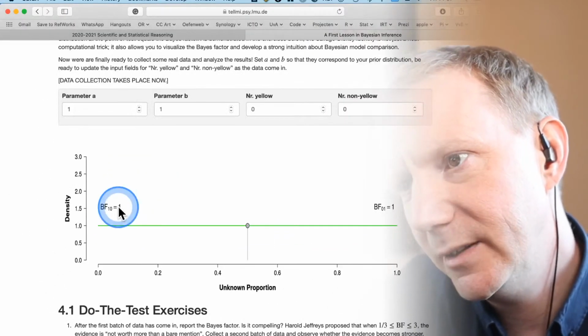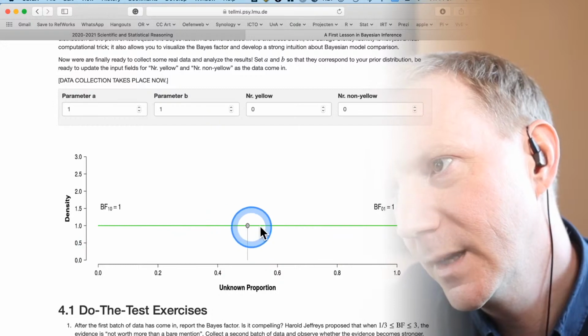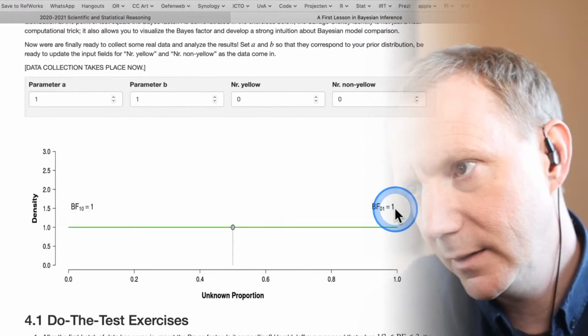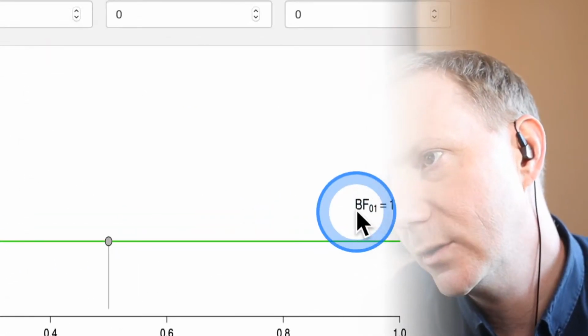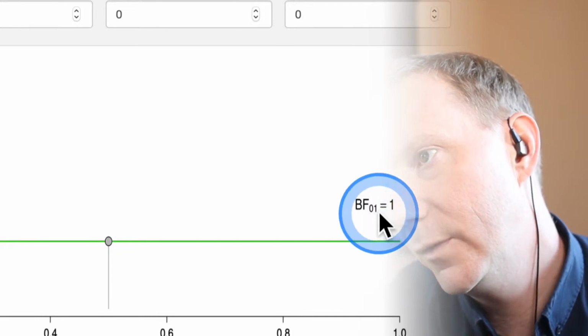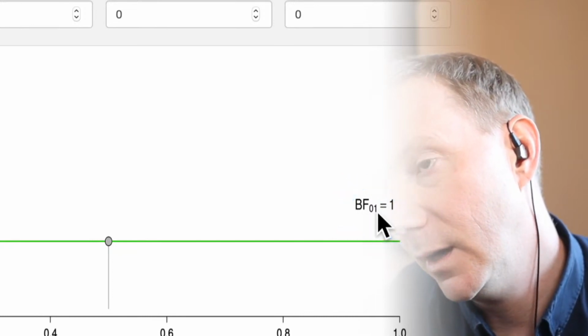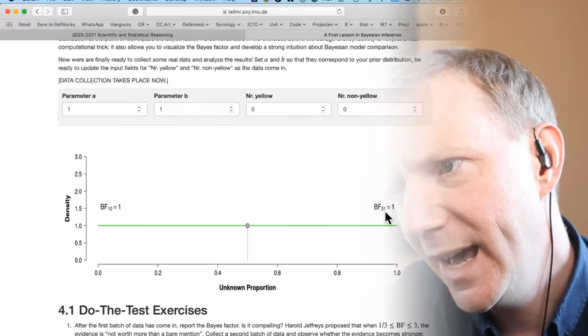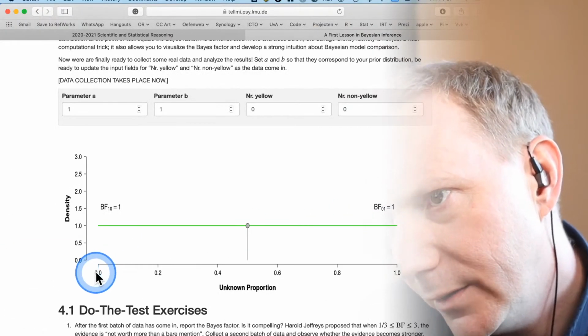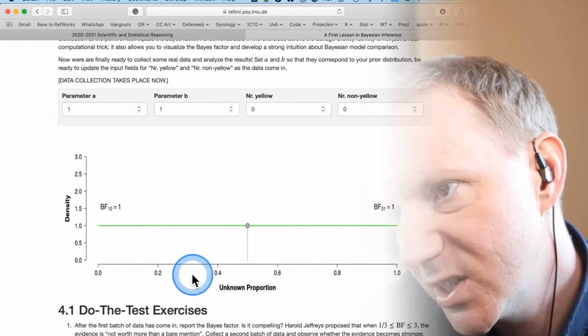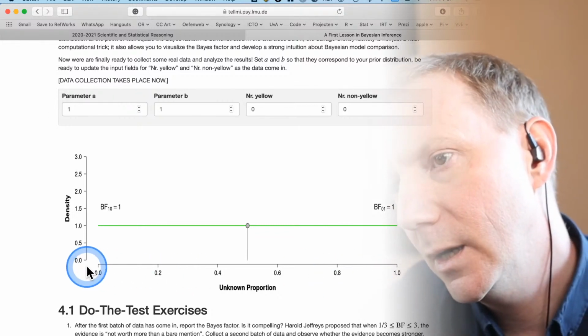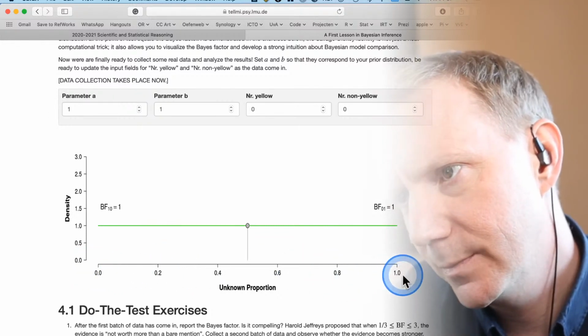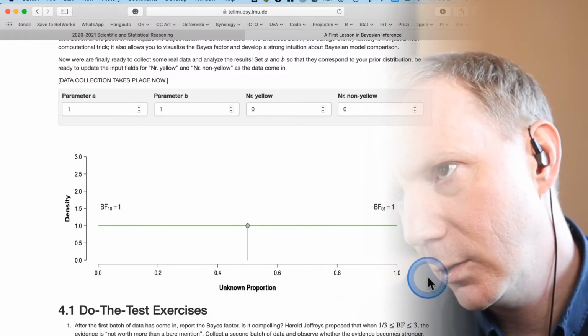Here we see a flat prior, and on the other side the opposite, the Bayes factor in favor of the null versus the alternative. On our x-axis we see all the possible theta values, which can be between 0 and 1.